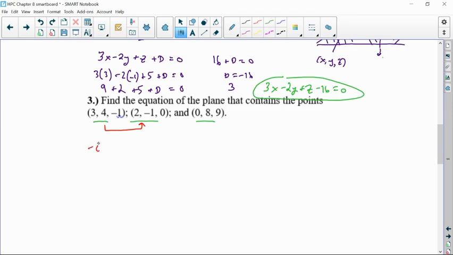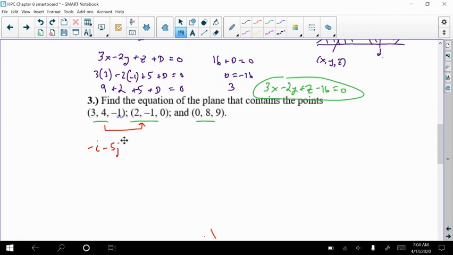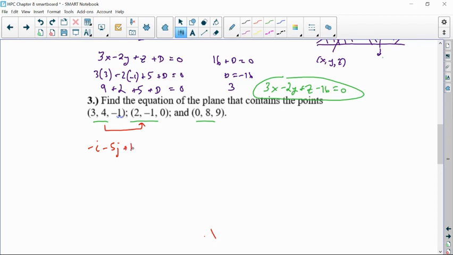I call it -1 in the i direction. 4 goes all the way down to -1, so my j direction decreased by 5, so minus 5j. -1 up to 0 would be +1 in the k direction, so plus k. So there's a position vector from this one to this one.